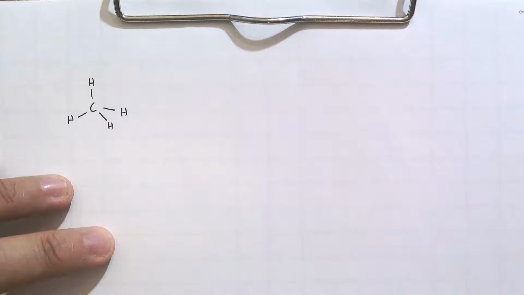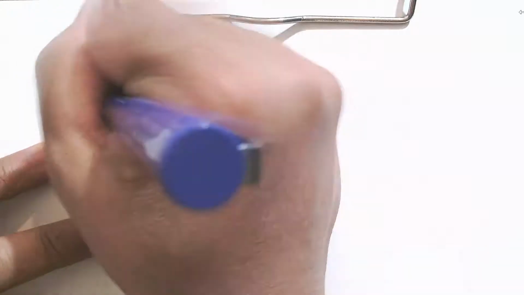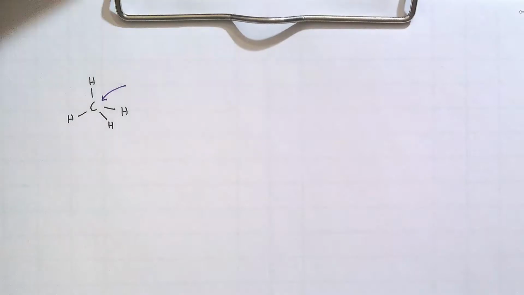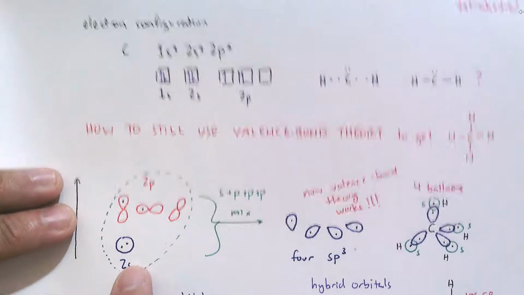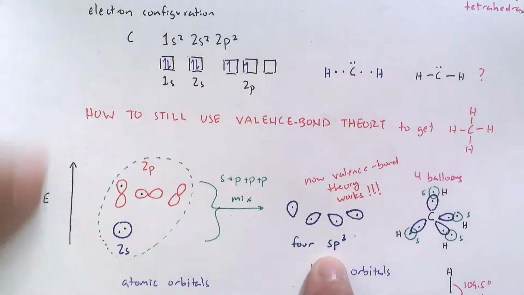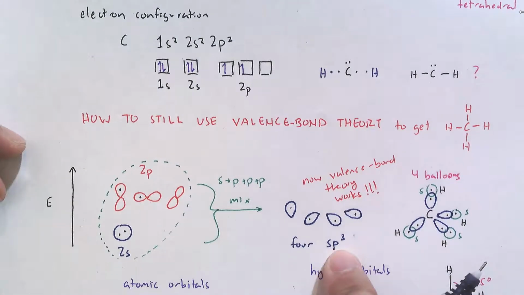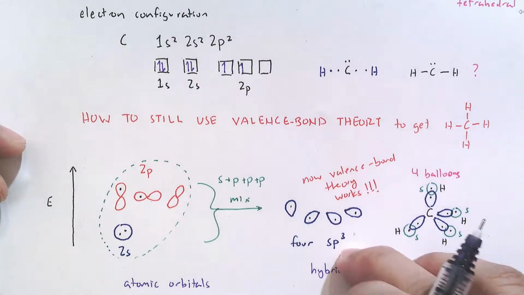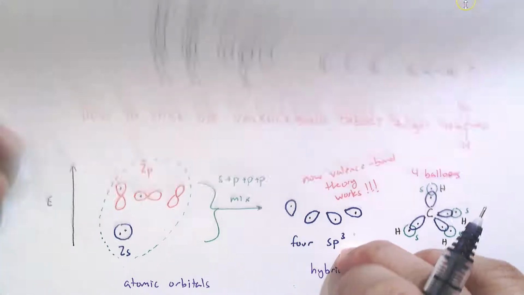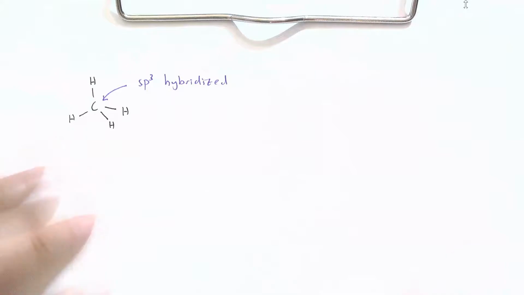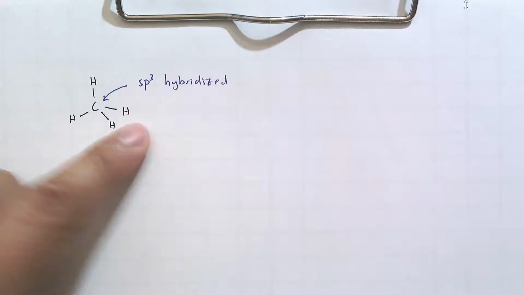If I ask what is the hybridization of this carbon right here, you're just going to tell me that for that to be true, we had to hybridize all 4 atomic orbitals to make these 4 new hybrid orbitals that are called sp3. That's the name of the hybridization. Carbon is sp3 hybridized. And it's no coincidence that an sp3 carbon has 4 balloons.